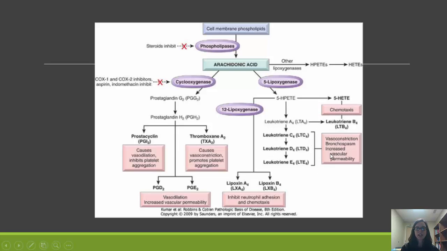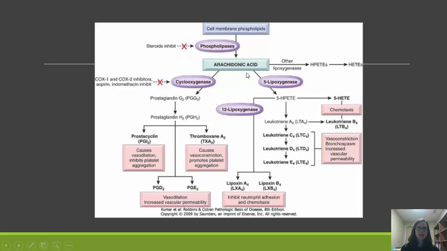And if you look at this, these varieties of the leukotrienes cause vasoconstriction, bronchospasm, and increased vascular permeability. So these are all, think of it like inflammation or the body having an immune response, like having trouble breathing, for instance, with the bronchospasm.